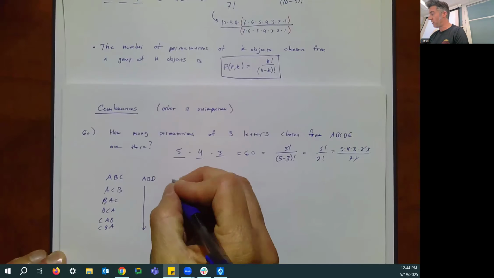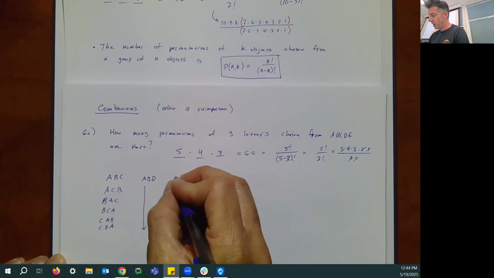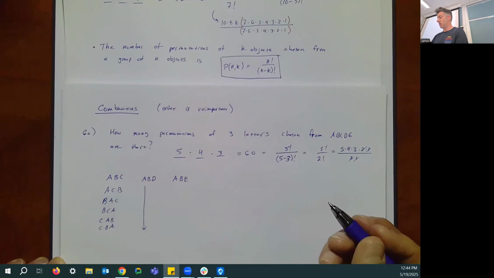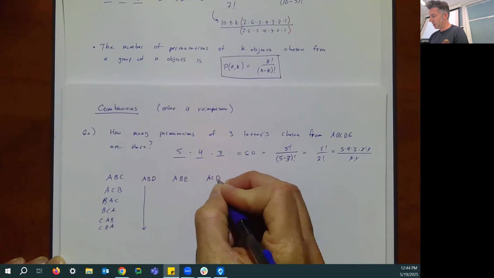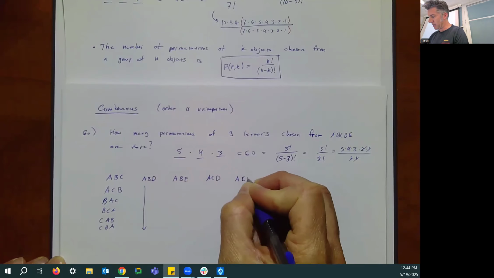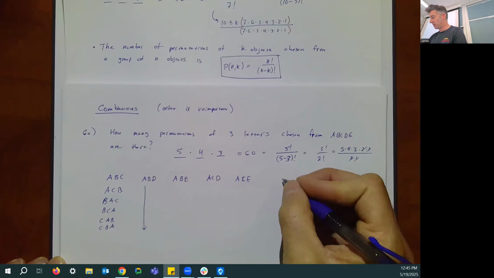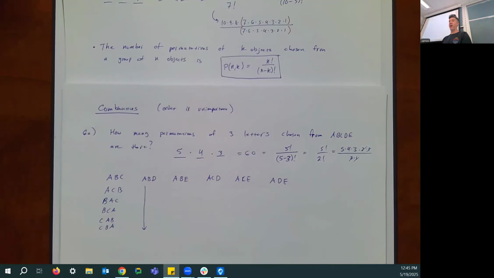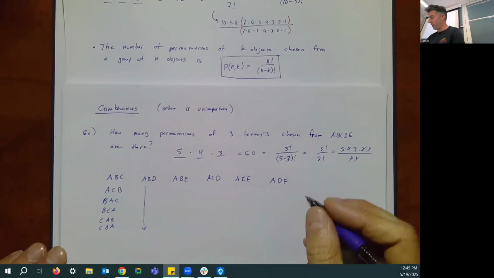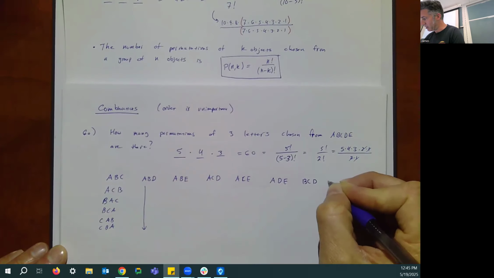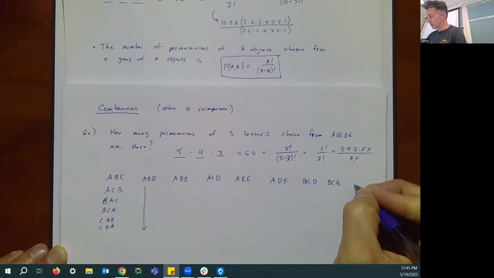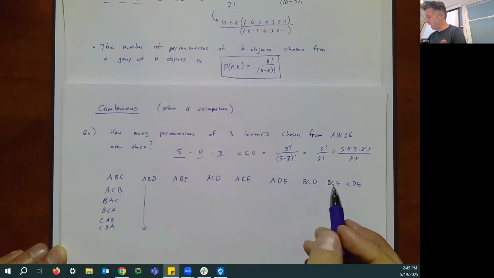And then let's write down all the other ways we can find 3 letters. So you get A, B, and E. And I've exhausted A, B with another letter. So now let's do A, C, and D, A, C, and E. I've exhausted A, C and another letter. So let's do A, D, and E. That's all the different letters we can have with A. Now we'll move on to B, C, and D, B, C, and E. I think that's it for B, C. And finally, C, D, and E. I always miss one.